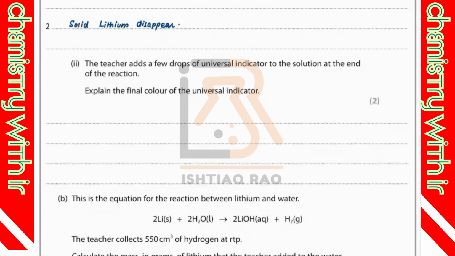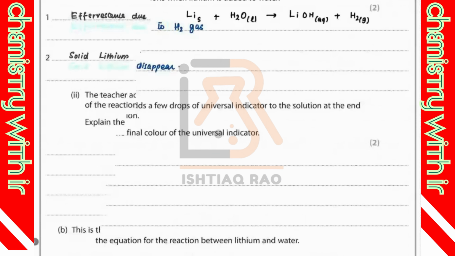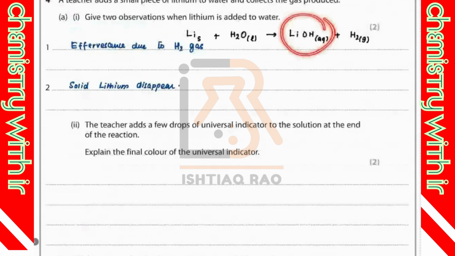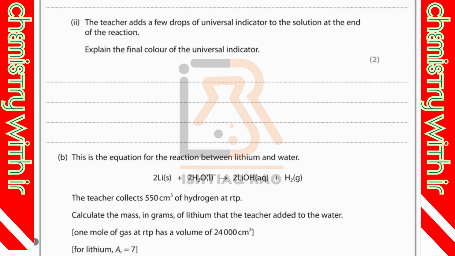As you can see, in the reaction, I got hydroxide. Lithium hydroxide is a base, an alkali. So when you add universal indicator into the solution, in the presence of alkali, it produces blue color.